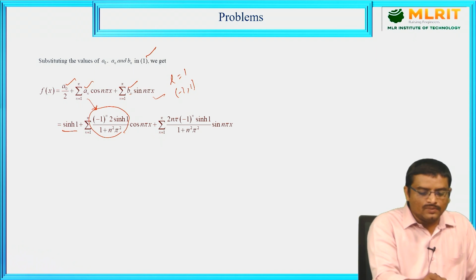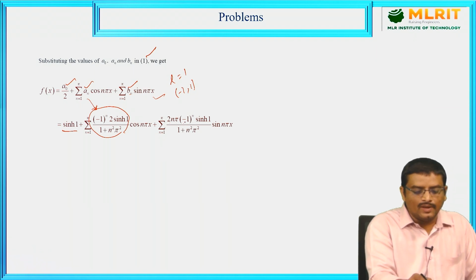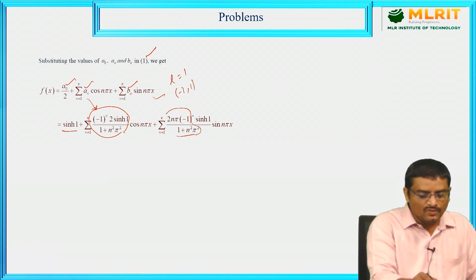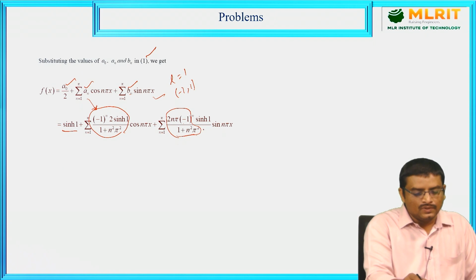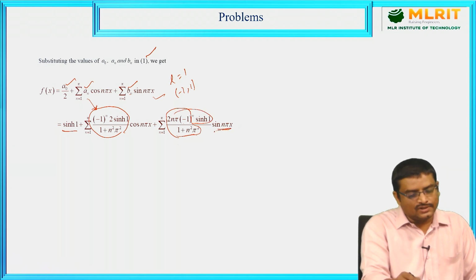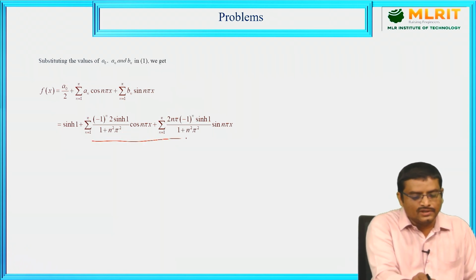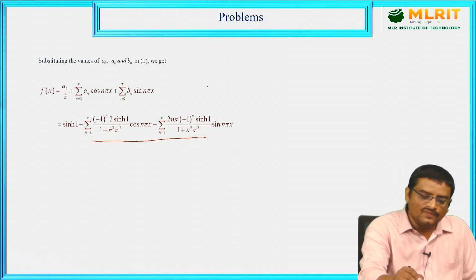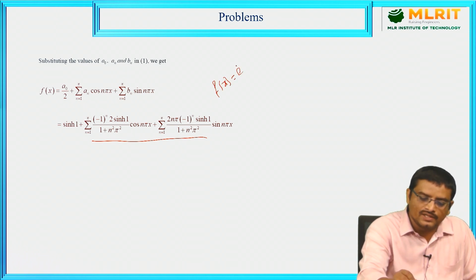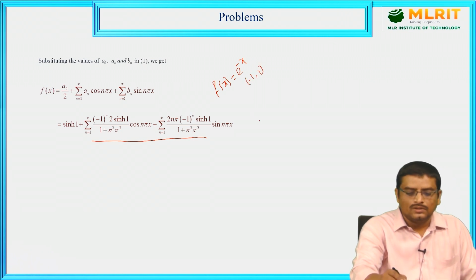Just now we got that bn is equal to 2 sin n pi minus 1 whole to the power of n by 1 plus n squared pi square. So in place of bn we have replaced this value, and keep sin n pi x as it is. So finally this is our required Fourier series expansion of the function f of x is equal to e power minus x in the interval minus 1 comma 1.